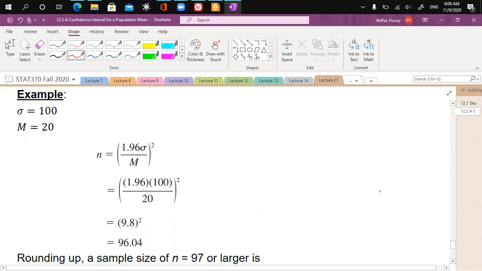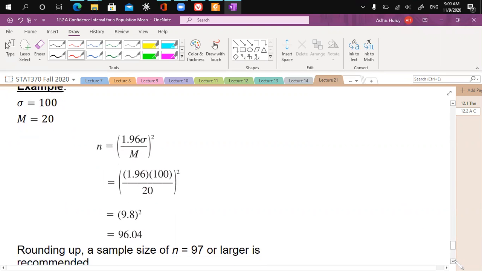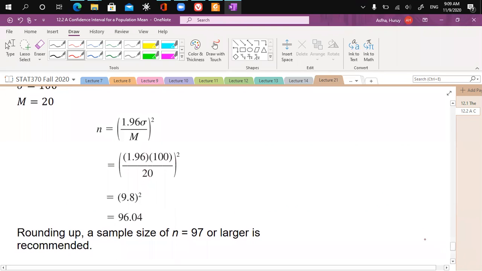If we multiply this out, we get 9.8, and if we square this one, it is 96.04. Rounding this up, we get n equals 97 or larger is recommended in order to achieve that margin of error. Okay, the margin of error is this one.